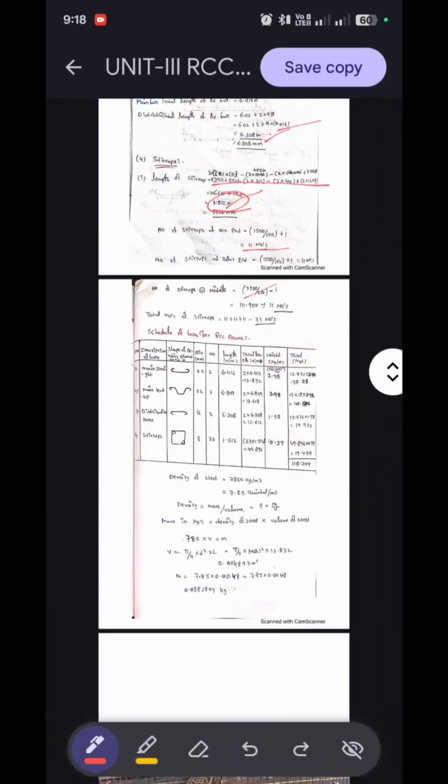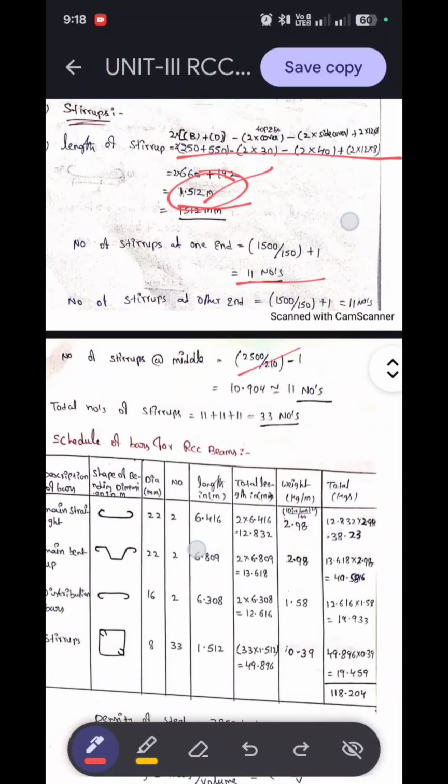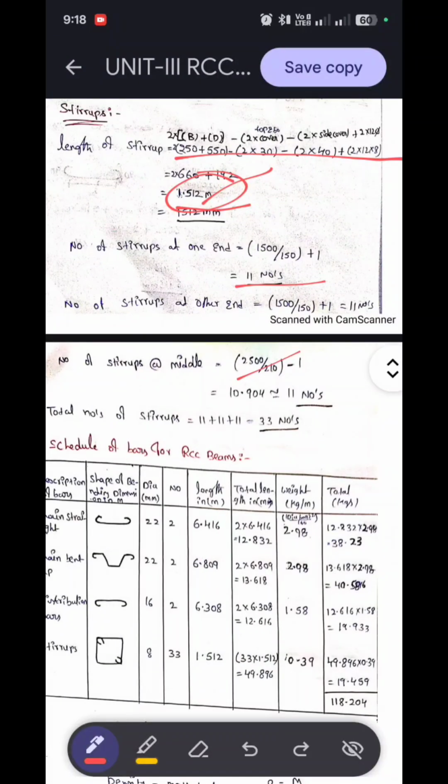So 2500 divided by 210, minus 1. The middle portion uses the minus 1 formula. So the value is 11 numbers. So both are the same: at the ends 11 numbers and the middle portion 11 numbers.